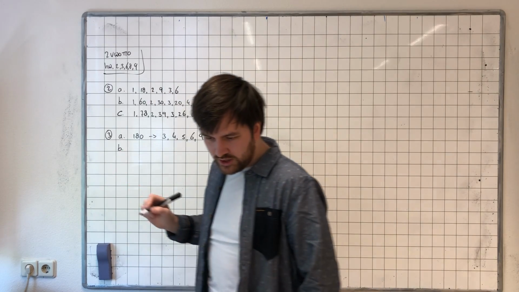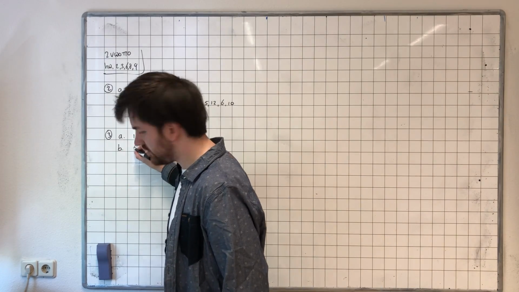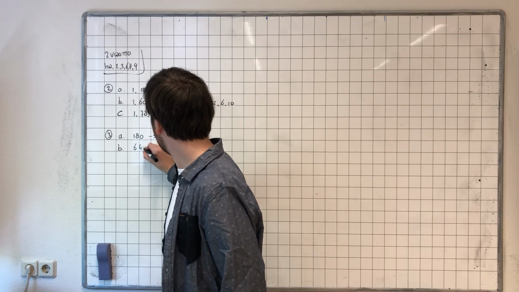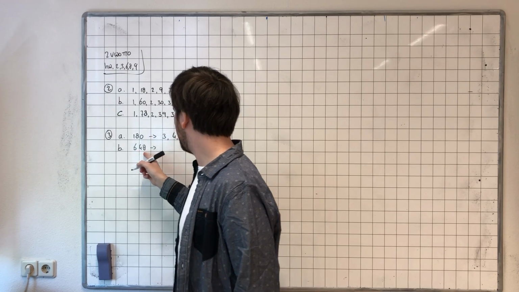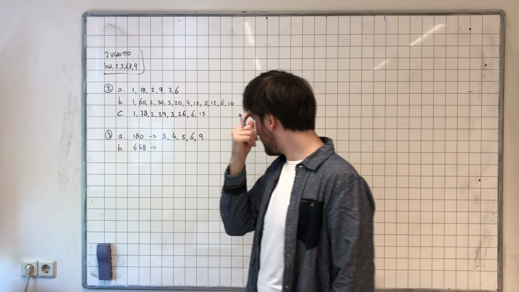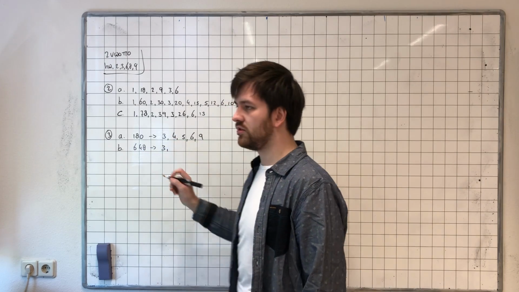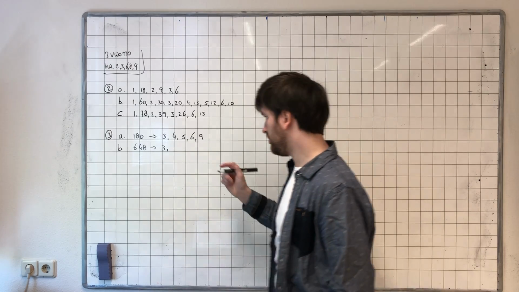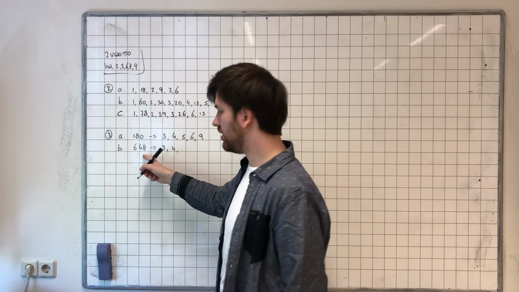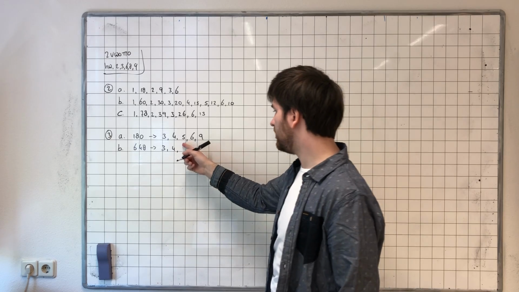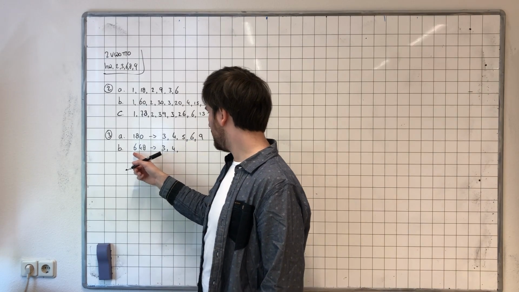Next one. 648. If we add these things together, we'll find 18, which means we can divide this with 3. The last two digits, 48, we can divide that with 4. The last number is an 8, so we can't divide it with 5.